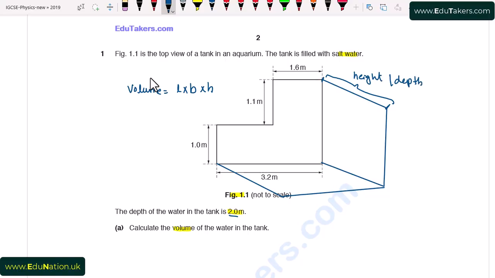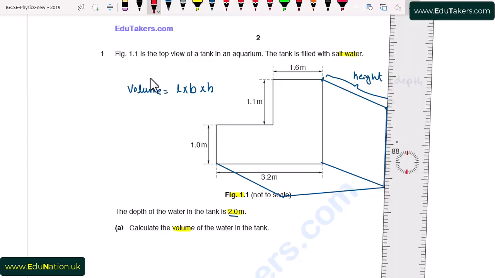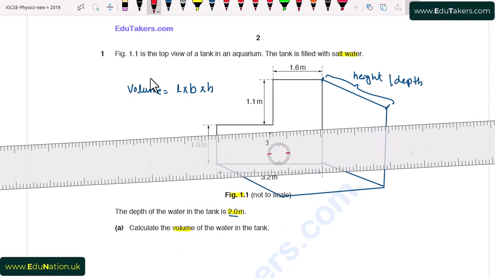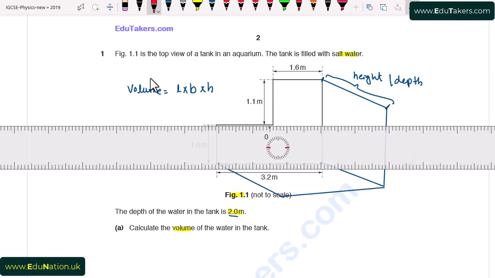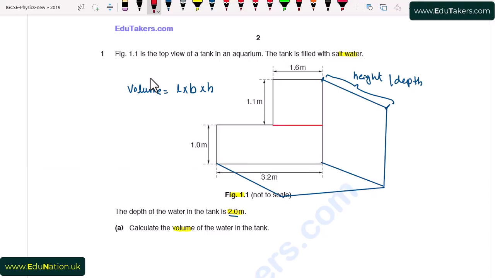So the length and breadth are also given and we can calculate the volume, but in this figure we can see that there are two cuboids. Now I draw a line here to separate these. So this is the first cuboid while this is the second cuboid. When we have to find the volume, we have to add the volume of both of these.